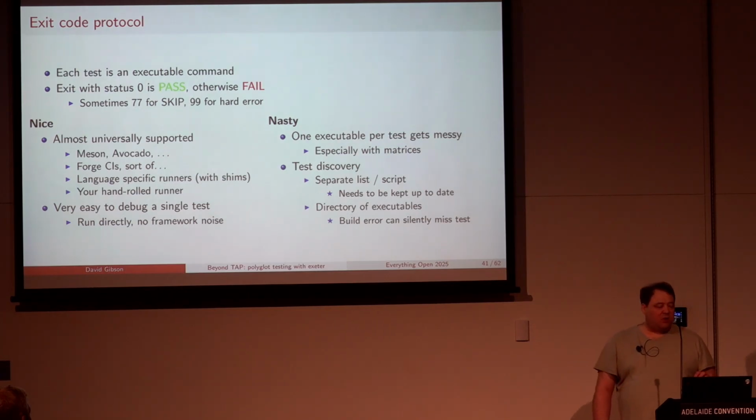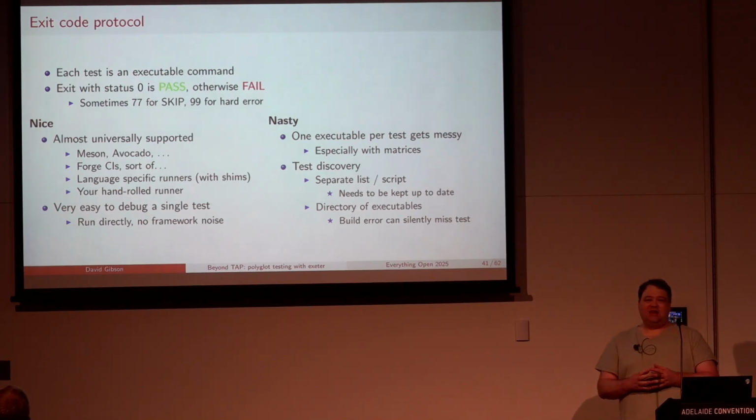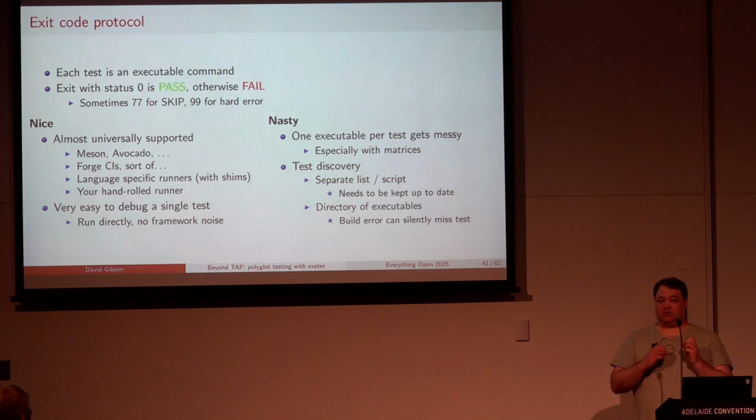So exit code protocol almost universally supported. Meson and Avocado do it as we see. And if you've ever hand-rolled a test runner, chances are this is how it works, basically calling things in this mode. It's very easy to debug a single test. You just run it directly without the runner, and you get almost no noise.